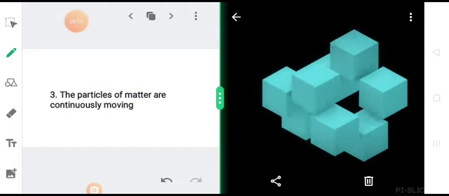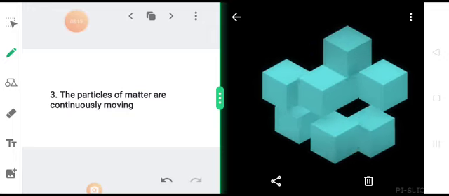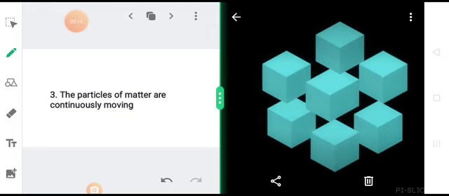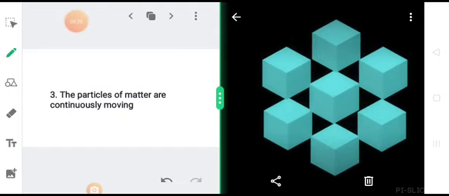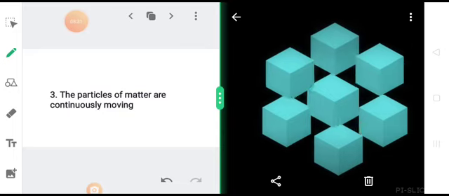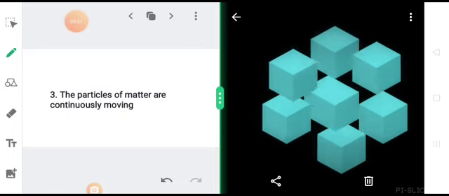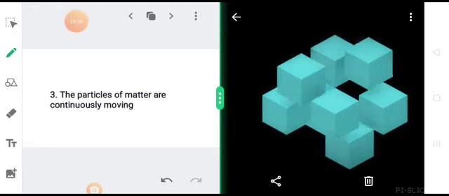It depends on whether the particles are free to move or not. But motion is not merely changing the position, it may be in the form of vibration. So even in that way, the particles might be moving. In any form of matter, you will find this property that the particles are continuously moving, depending upon the amount of energy present in them.